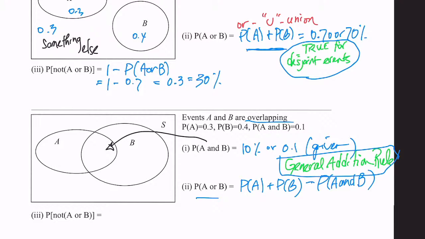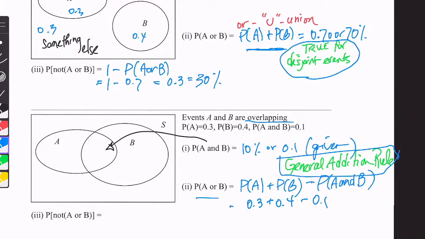So that turns out to be A of 30%, B of 40%, minus the overlap of 10%, which gives 60%. Yes.